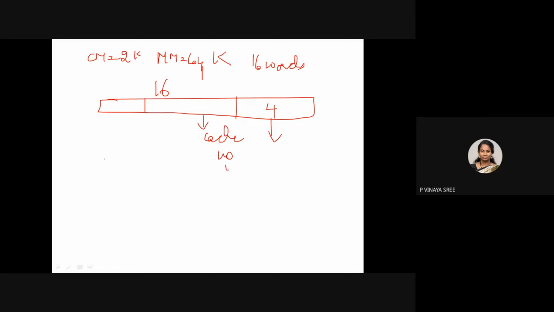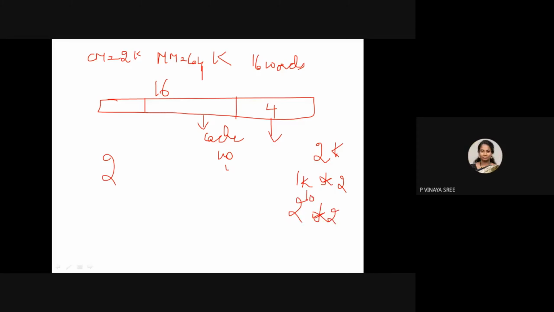2K means how many bits to power? 2K is represented as 1K into 2, and 1K is 2 power 10, so 2K is 2 power 11.